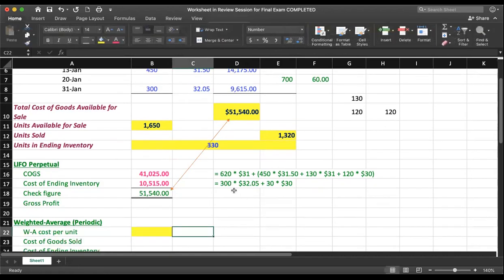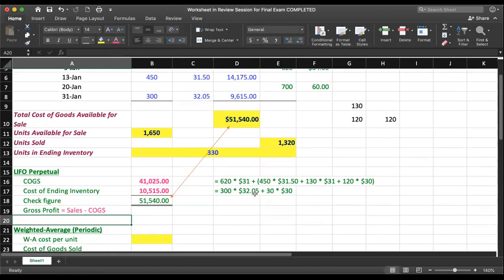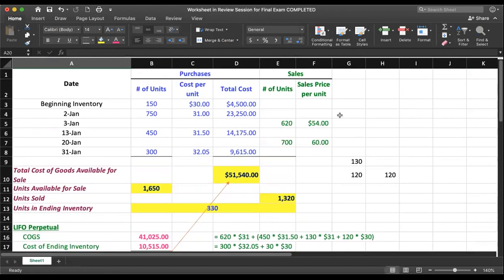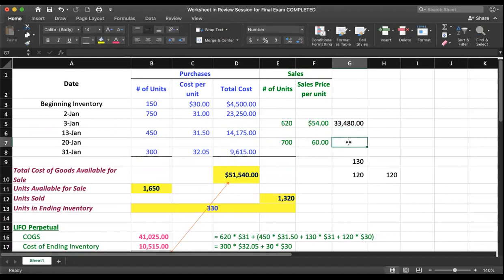Okay. Now, what's the gross profit? We know that gross profit is equal to sales minus the cost of goods sold. So how much are the total sales? Well, do the calculations here. We have 620 units times $54 and 700 units at $60.